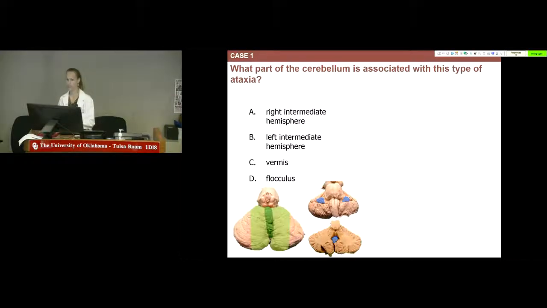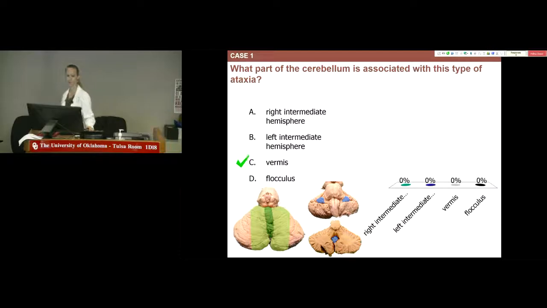So what part of the cerebellum is associated with truncal ataxia? Okay, all right, sounds good. Yes, the vermis is associated with truncal ataxia.